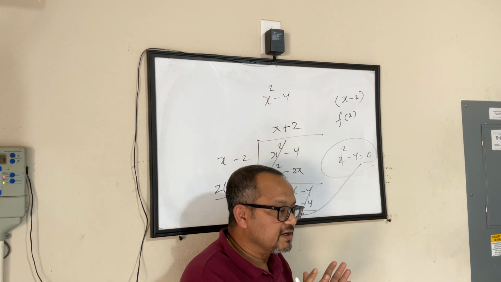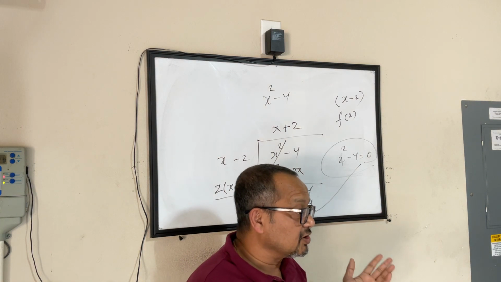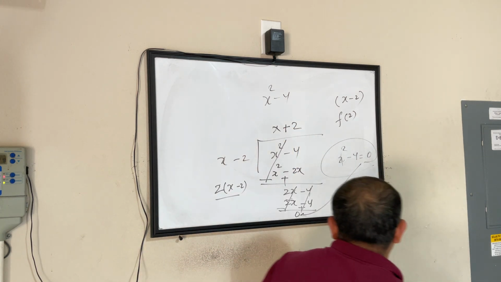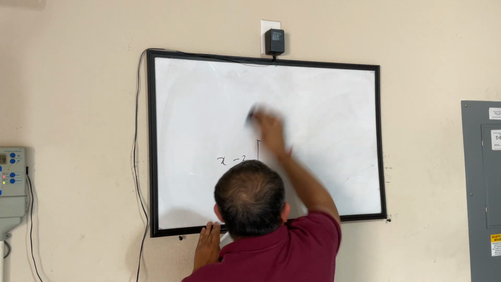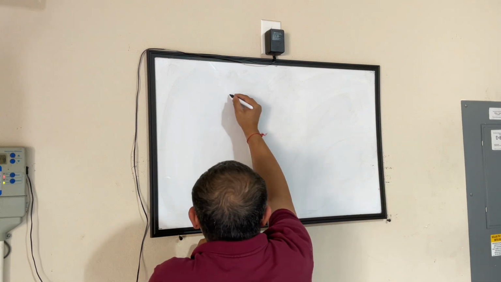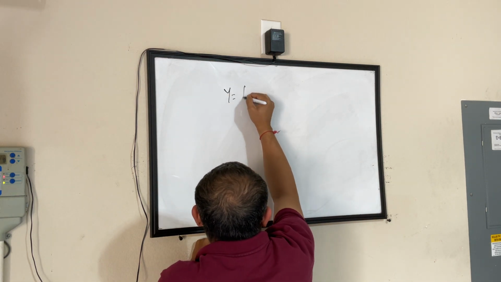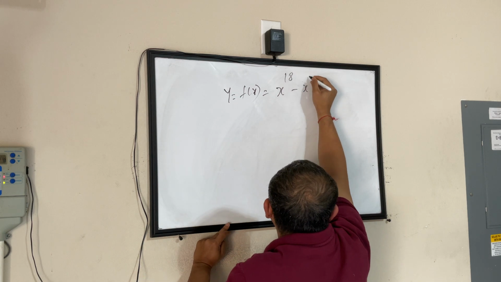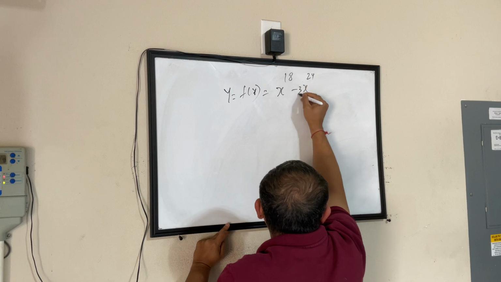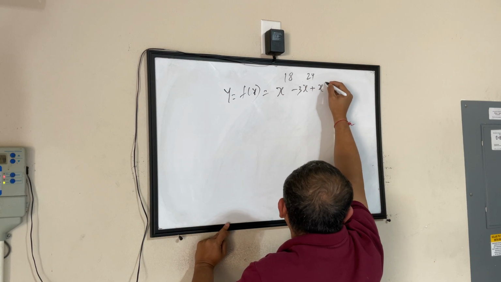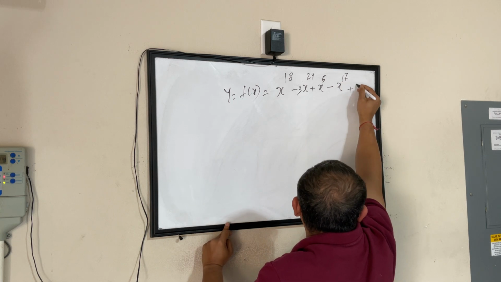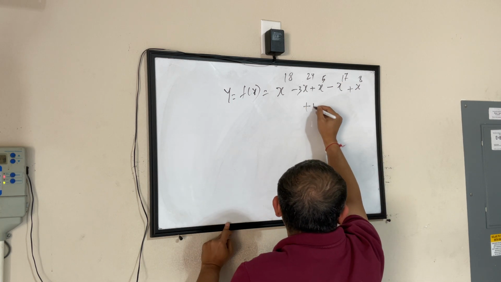So what we are seeing here is that the polynomial remainder theorem works like a magic wand for us. Imagine in the SAT exam, you are given a question saying, I have a polynomial f of x which equals x to the power 18 minus x to the power 24 plus x to the power 5 minus x to the power 17 plus x to the power 8 plus 17.